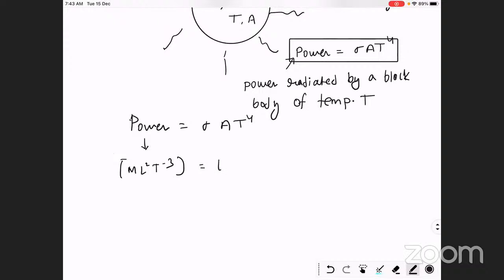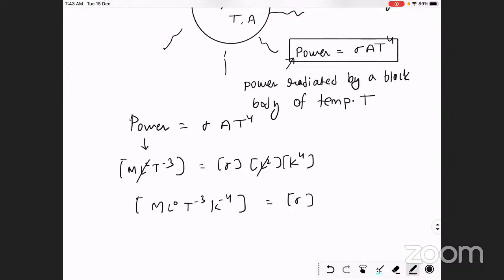No. Okay. Sigma we don't know. Area is L2, T^4 gives K^4. L2 got cancelled. ML0T^-3K^-4. We got the dimensional formula of Stefan's constant. Very, very important.